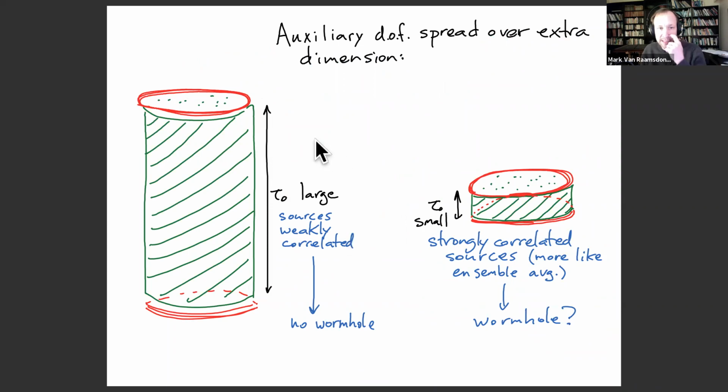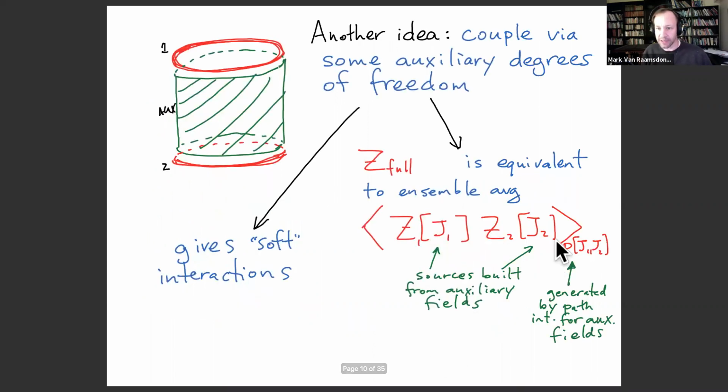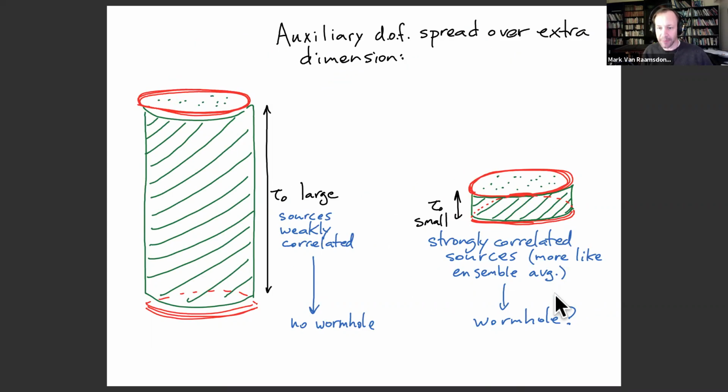In this case, we expect maybe the two 3D CFTs aren't really correlated much at all, and I might expect there not to be any connection between the dual spacetimes. But if I take this tau 0 parameter to be small, then we're going to get some strong correlations between the two sides. This is then more like the ensemble average, where J1 is equal to J2. And I'm going to argue that in that limit, we might expect to get a wormhole.